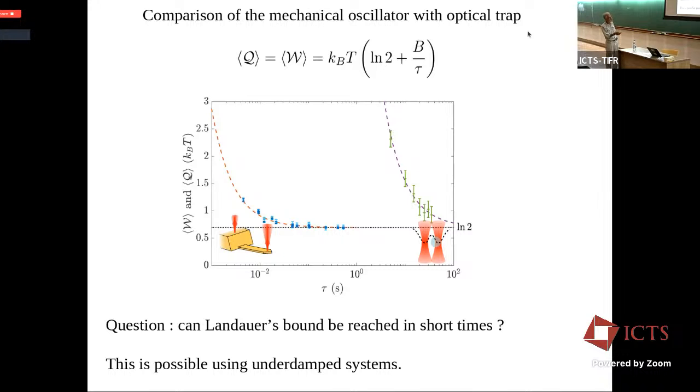In the original plot that I showed you before, you needed of the order of 40 seconds to be close to the Landauer bound, and now in a few milliseconds you can reach the Landauer bound. So the answer to the question is that it is possible using underdamped systems.